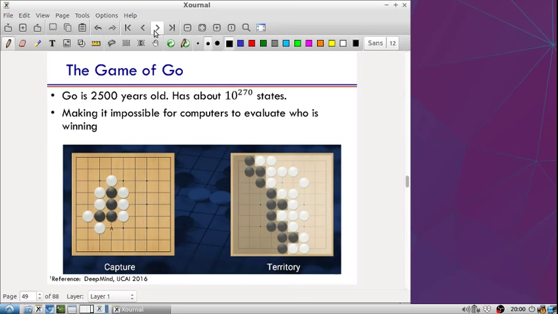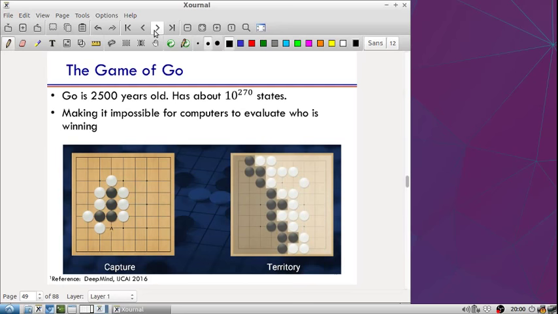The game is as follows. There are 2 players, a white player and a black player. They both have a bunch of stones, and they place the stones sequentially on this board, and their objective is to capture what is called roughly territory. For example, if the person playing black can put black stones like this, then they get this much territory, and if the white player has a whole boundary like this, then this is their territory.